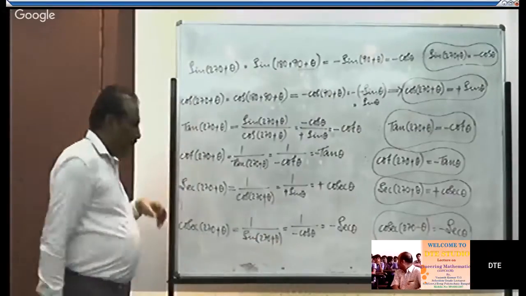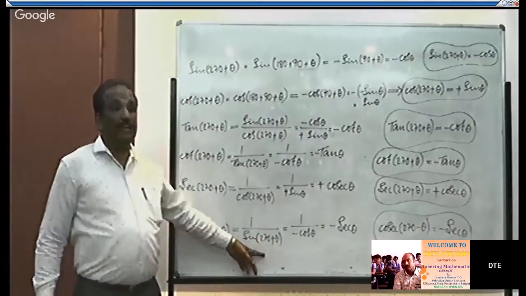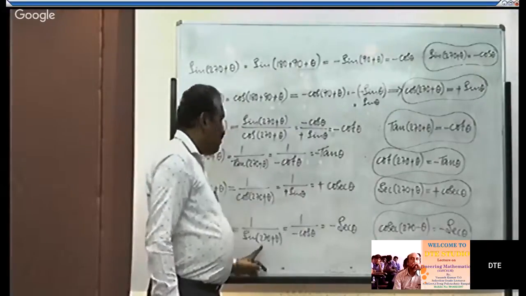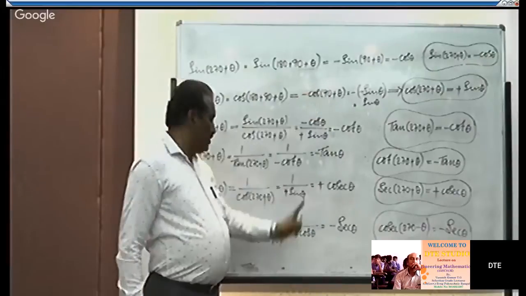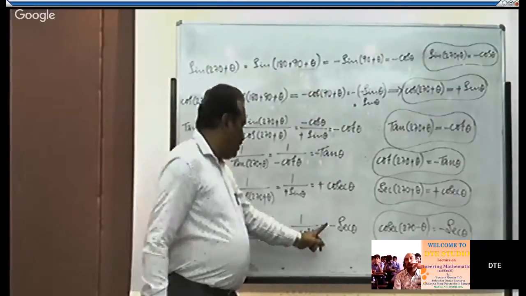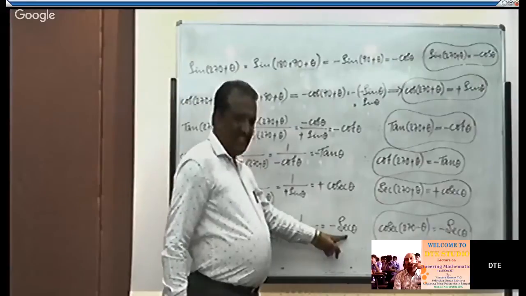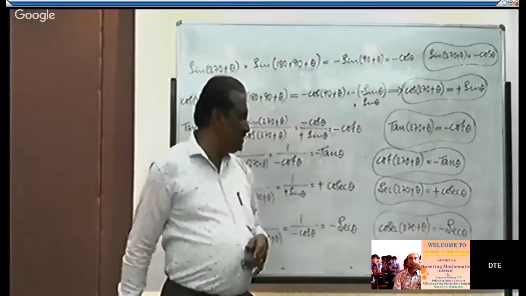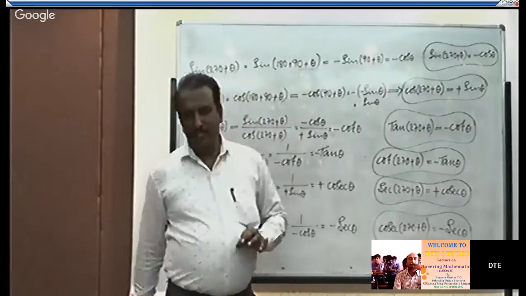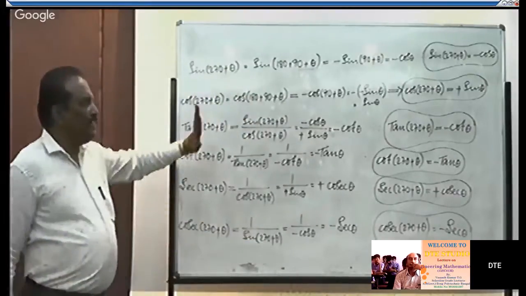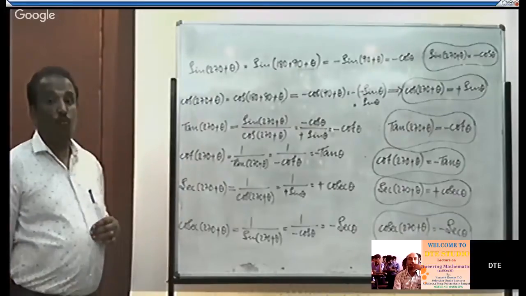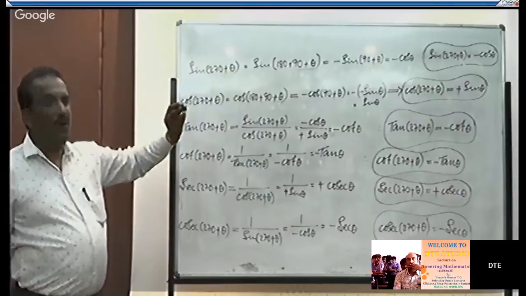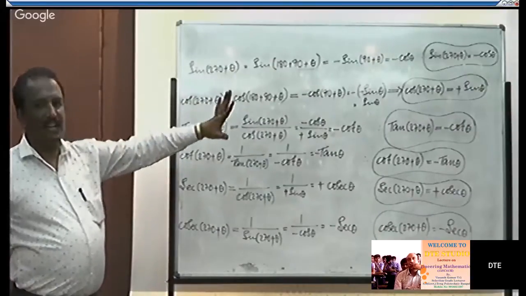Therefore, it is 1 by sine of 270 plus theta. We proved that it is minus cos theta. Minus 1 by cos is secant. Therefore, you can write cosecant of 270 plus theta is equal to minus secant theta. So in this way, the results are obtained when we connect all the trigonometric functions for 270 plus theta with those of theta.